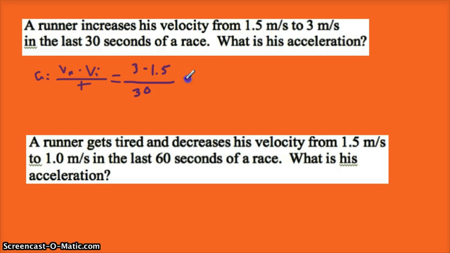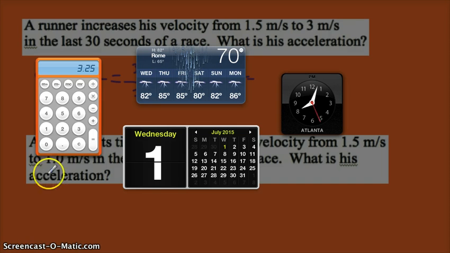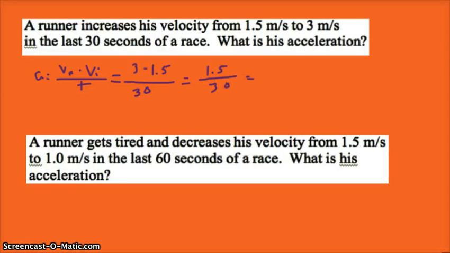I think this will be a pretty straightforward one. 3 minus 1.5 is 1.5 over 30. So let's see what that calculates out to be. 1.5 divided by 30 equals 0.05. And what kind of unit would that be? 0.05 meters per second squared.